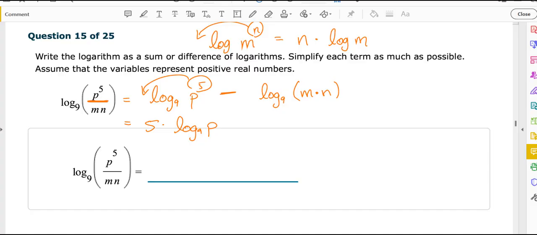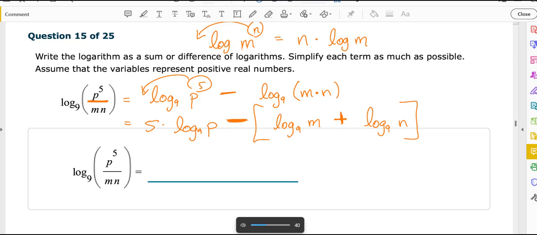I can split that up as a sum of logs. So I'm going to put a bracket here and do log base 9 of m plus log base 9 of n. Now I'm going to distribute that negative that's out here in front of those brackets. My final answer will be 5 log base 9 of p minus log base 9 of m minus log base 9 of n.